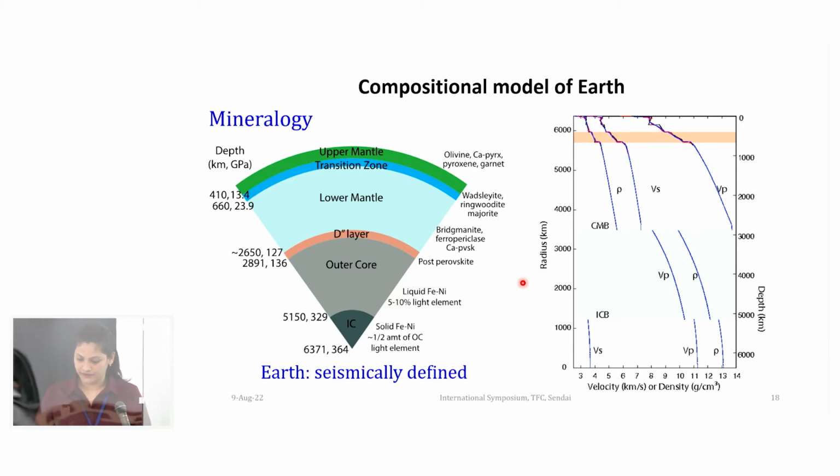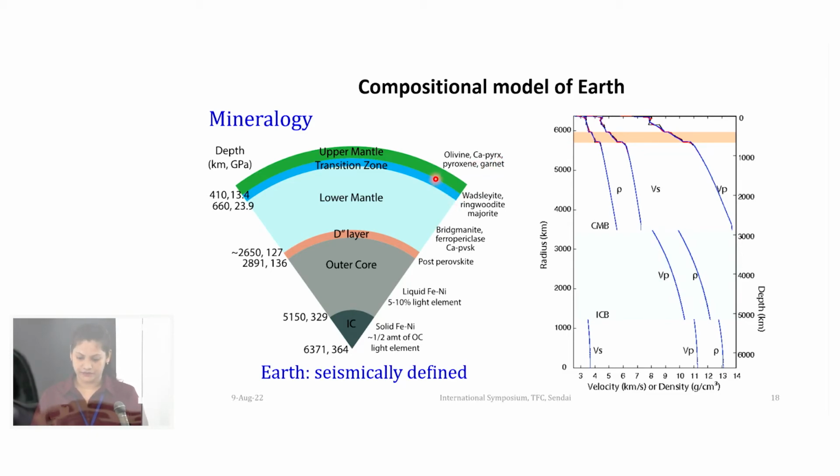So here the figure on the right shows how seismic wave velocity changes and defines different layers within the Earth. And they are essentially in correlation with the change of the mineral phases from the upper mantle towards the base of the mantle. So in the upper mantle there is olivine, then pyroxene and garnet.